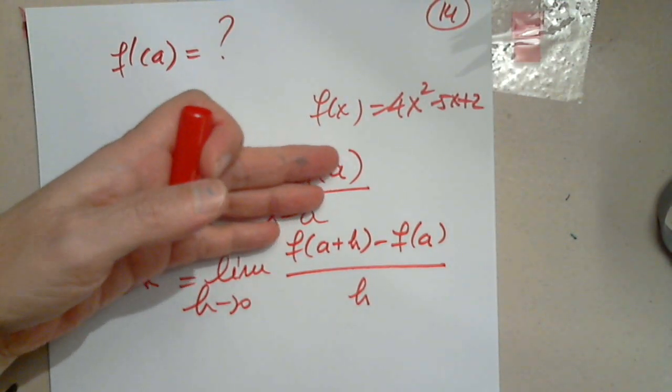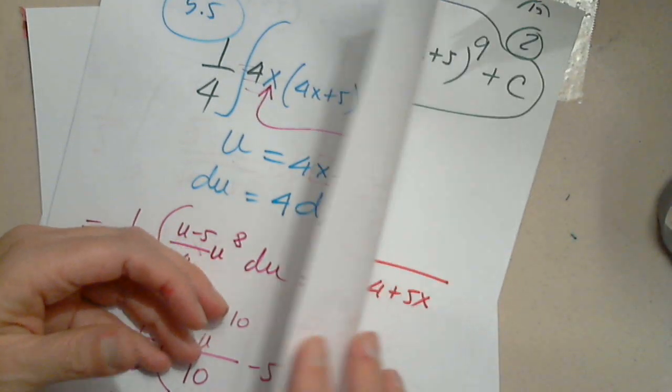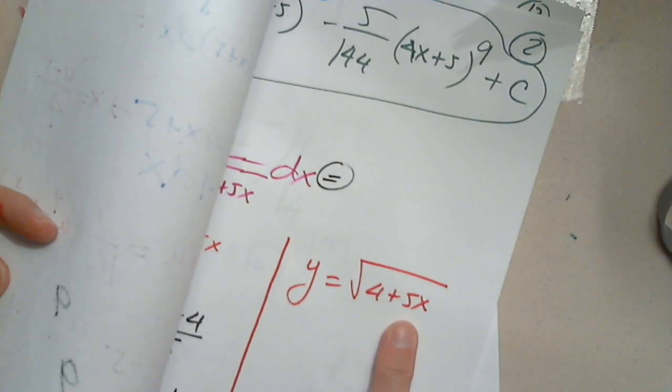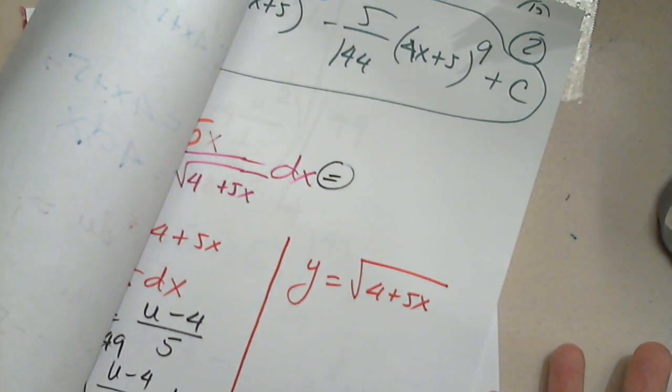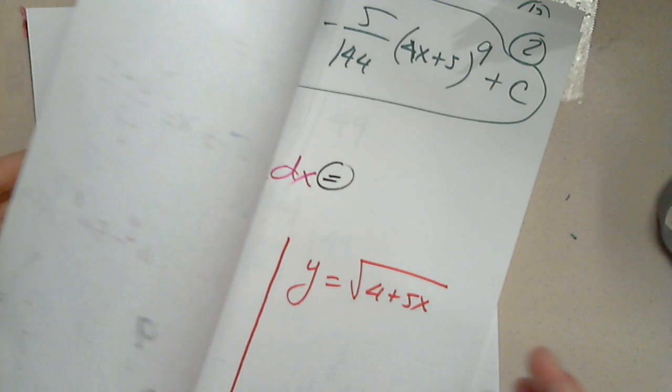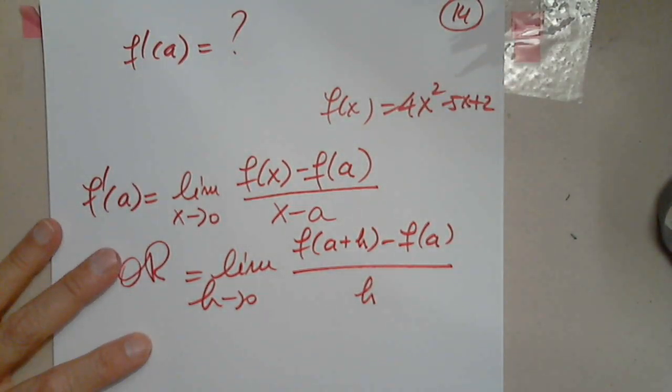For some functions this is easier, for others this is easier. I can't give a recipe before I look at the function. As you saw in a previous example, the one with the radical required fewer calculations than this one. So it depends on the function.